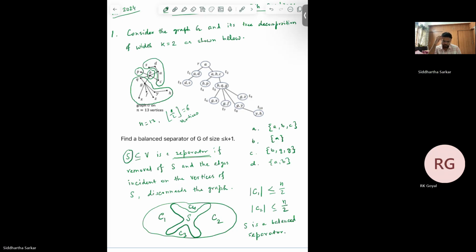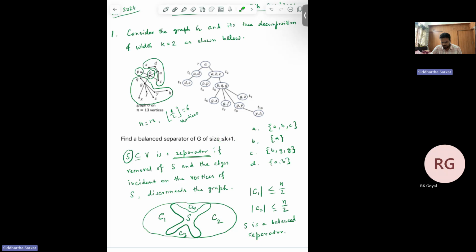So now, as you have pointed out, this tree decomposition can be exploited to find the separator, that too of size at most k plus 1. So as soon as you see k plus 1, you should suspect that we are deleting exactly one bag. In a bag, we have at most k plus 1 vertices.